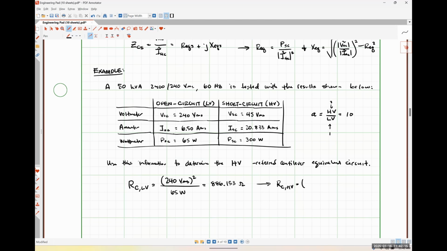So 886.153 ohms times 10 squared is 88.615 kilo ohms. That seems to me like a pretty reasonable value, considering in the previous example that we worked, our core resistance on the primary side or the high voltage side was in the ballpark of 250 kilo ohms. So realistically, our core resistance should be tens, if not hundreds of kilo ohms usually. Okay.